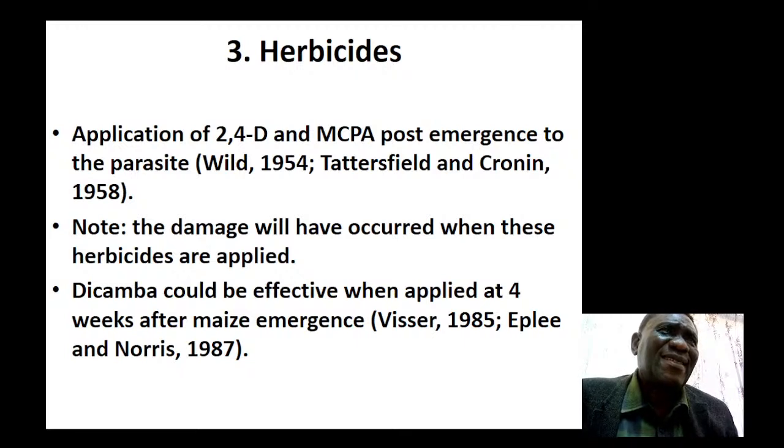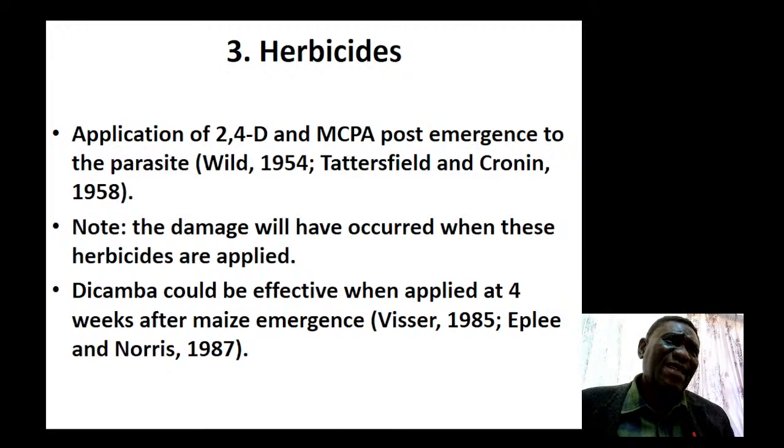But then there's this dicamba, which can be applied at 4 weeks after crop emergence. It can also suppress Striga. Dicamba, we have it in Zimbabwe. All of these herbicides, we have them.